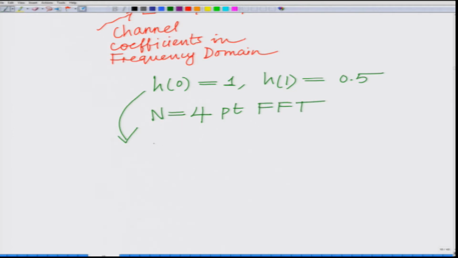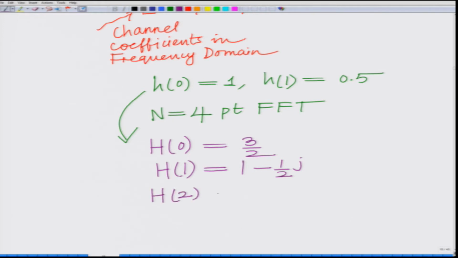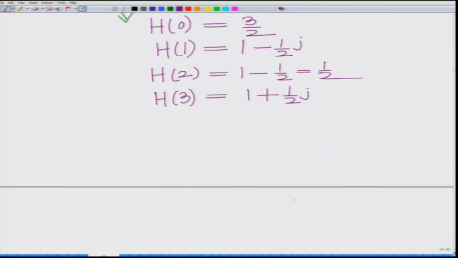What you get are the channel coefficients in the frequency domain across the sub channels: H0 equals 3 by 2, the coefficient across the 0th FFT point, H1 equals 1 minus half j, H2 equals 1 minus half equals half, and H3 equals 1 plus half j.